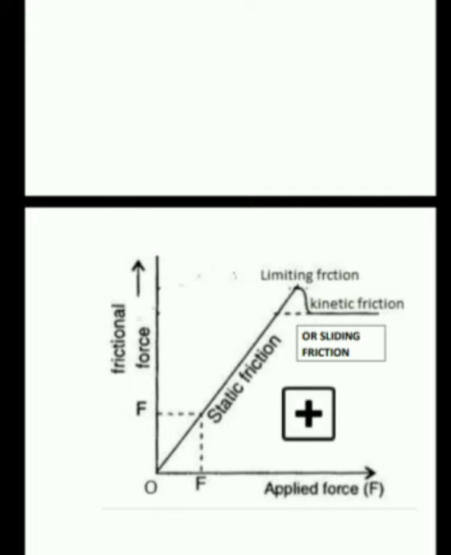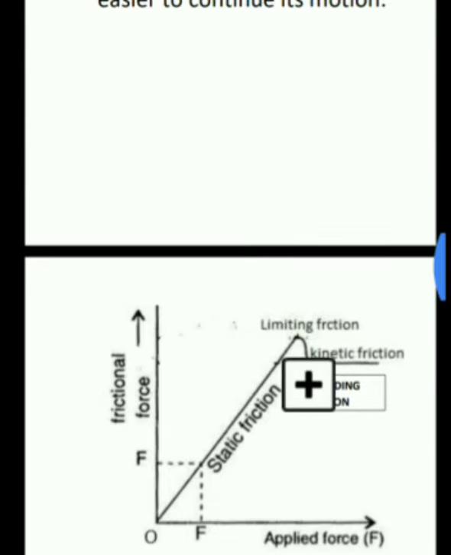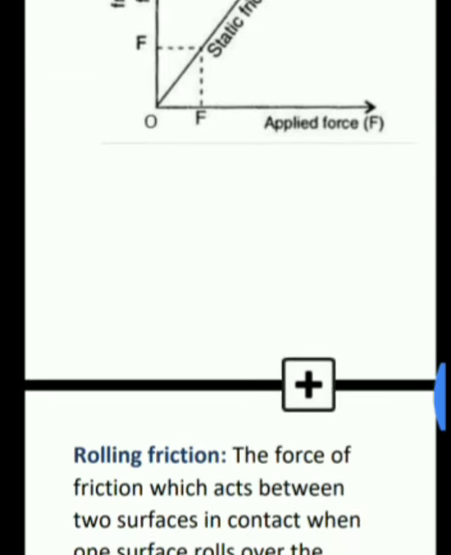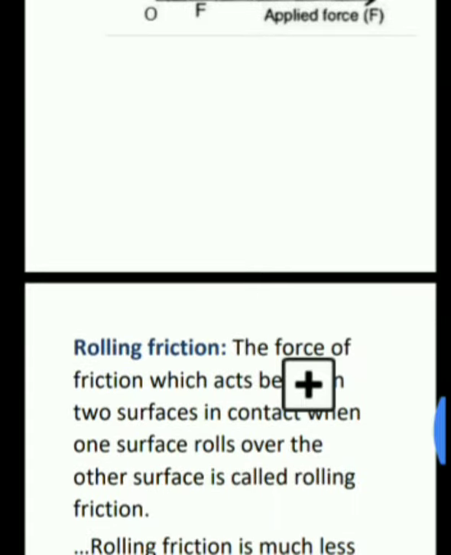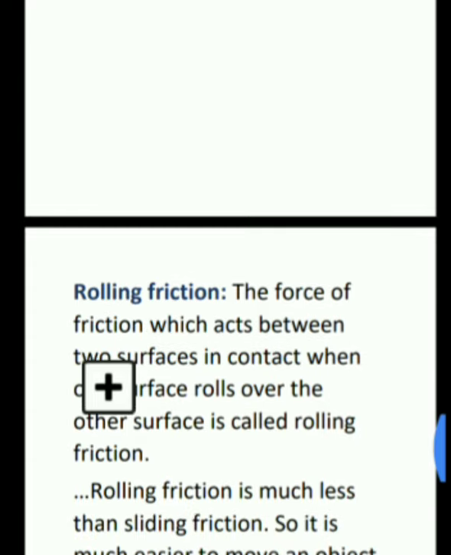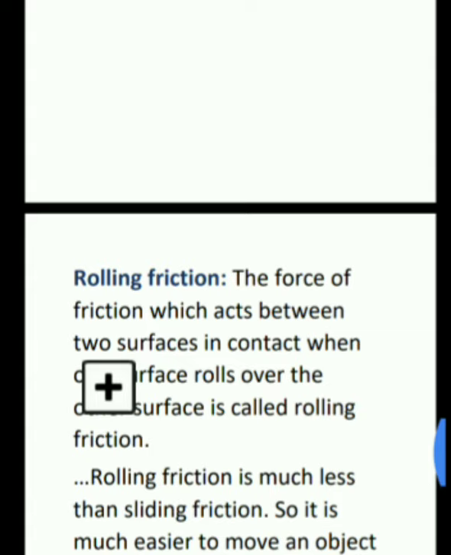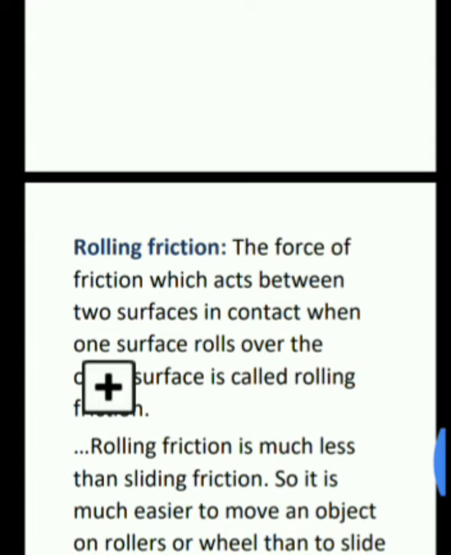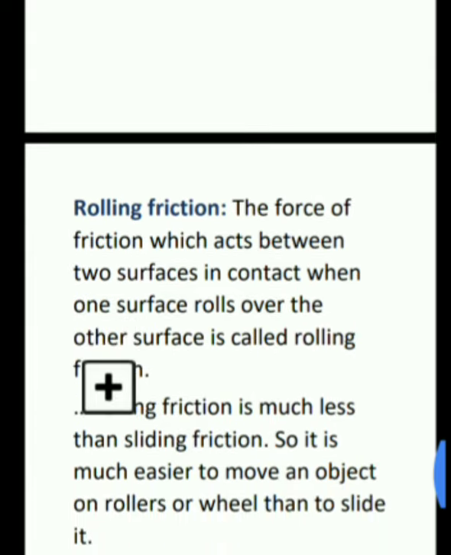So students, this was all about sliding friction. Now we proceed to the third type of friction, that is rolling friction. As you can see, rolling friction is the force of friction which acts between two surfaces in contact when one surface rolls over the other surface.